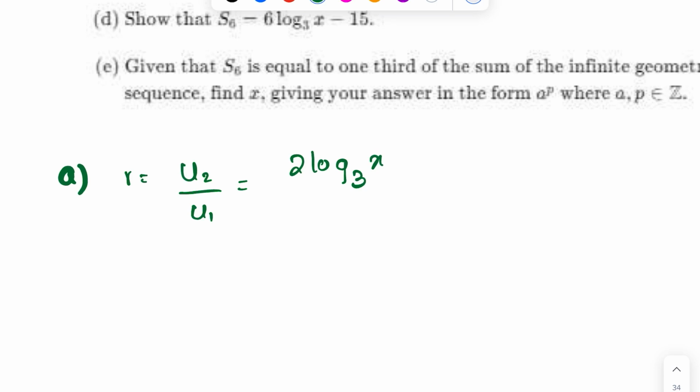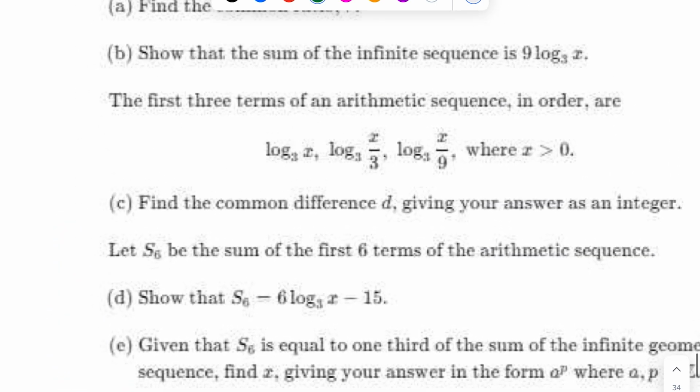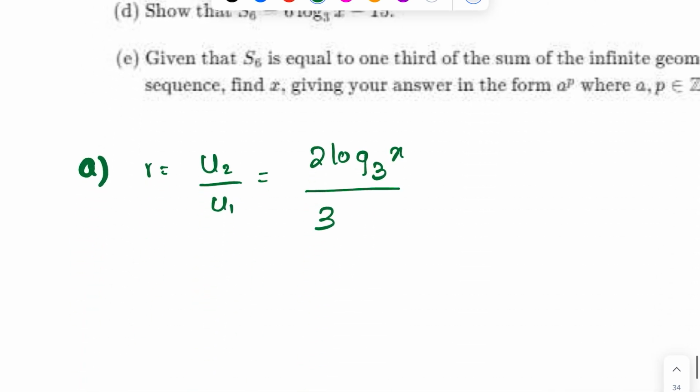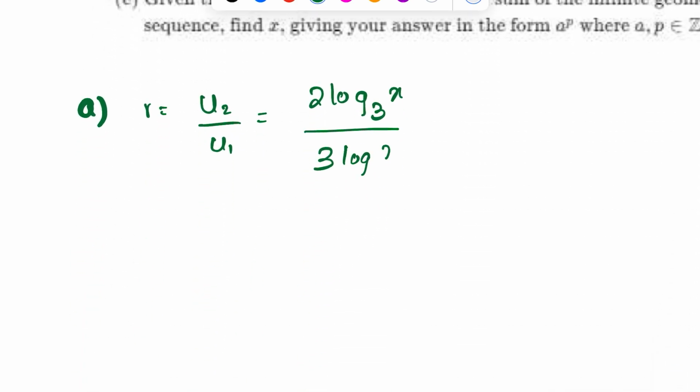The second term is 2 log x to the base 3 divided by 3 log x to the base 3. Log x to the base 3 gets cancelled. 2 upon 3 is going to be the common ratio r.